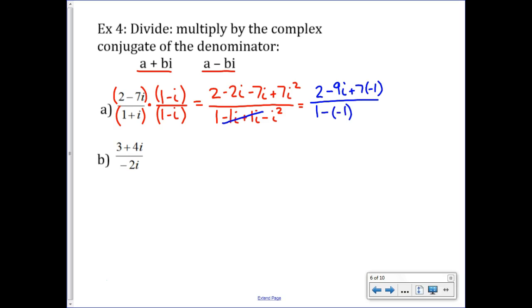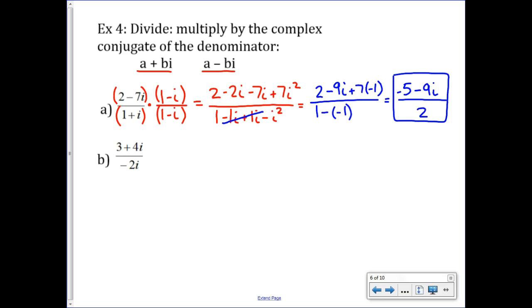So 1 minus a negative 1 is going to give me 2 in the denominator. Then I have 2 minus 9i plus 7 times negative 1, which is negative 7. So 2 minus 7 is negative 5 minus 9i. There's my answer. That is the simplified form when we're dividing.